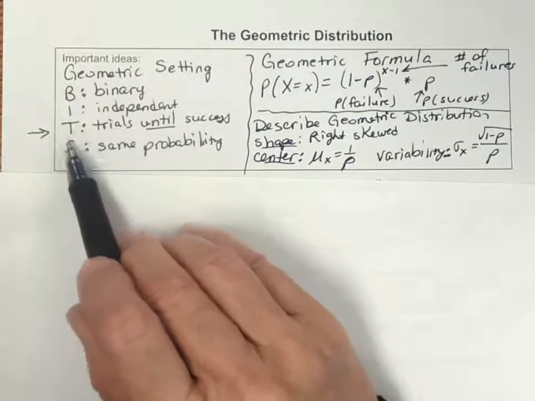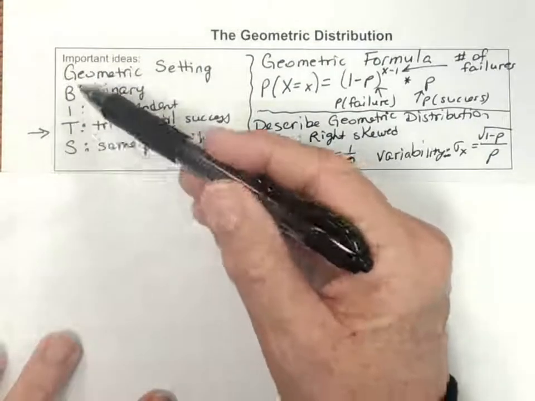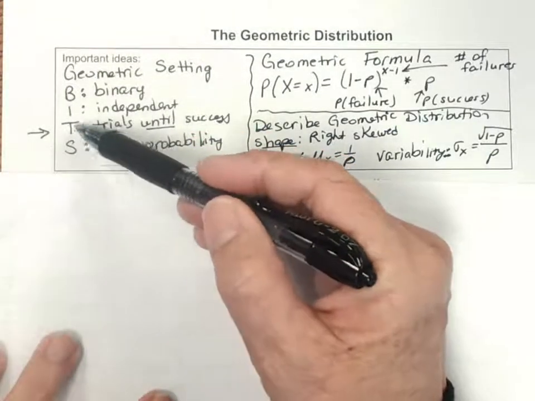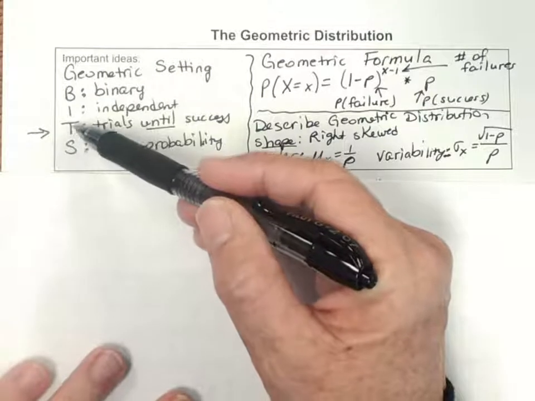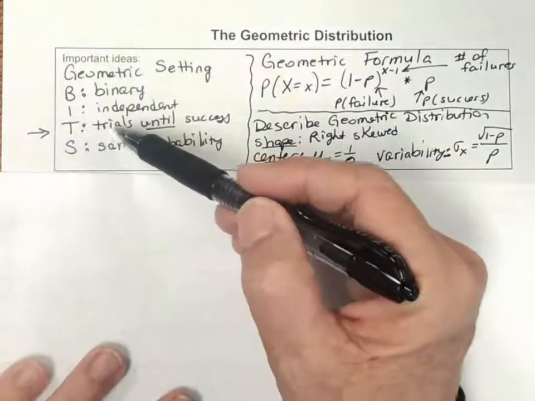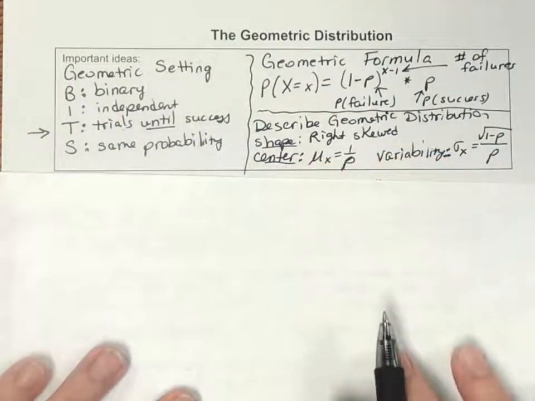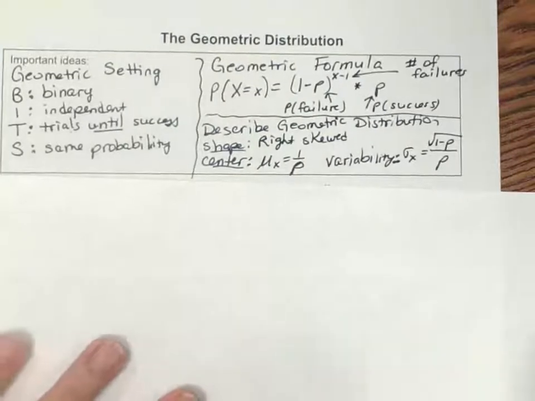That's what's changing, the number of trials. And S is the same probability. So everything is the exact same except for the T versus N. In a binomial situation, we have a set number of trials. In a geometric, we have a variable number of times it takes until you reach your success.